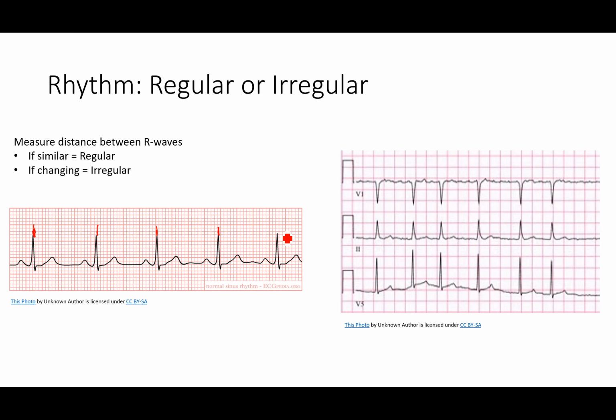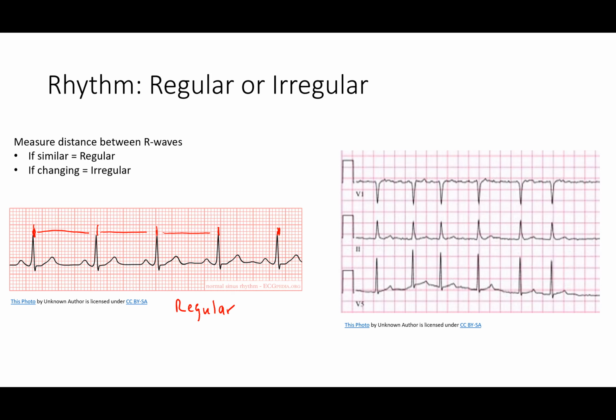Now you can measure them if you want, but most of us will just estimate from looking at it. The distance between these R waves and these R waves and these R waves, they seem pretty much the same. So we would say that this is a regular rhythm here.